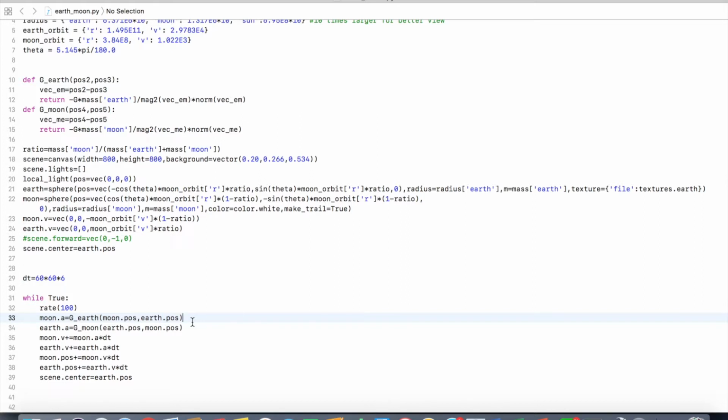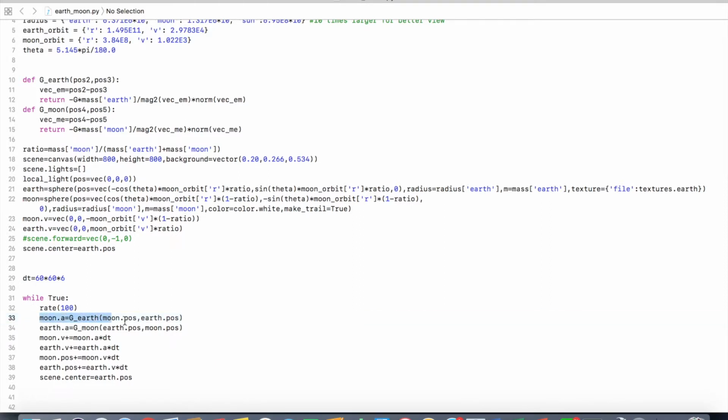One thing to notice right here is that for this part, you want to first calculate the moon's acceleration and the Earth acceleration. You want to calculate these two before you proceed into calculating their position. This is because we will feed the functions the position of these two objects.